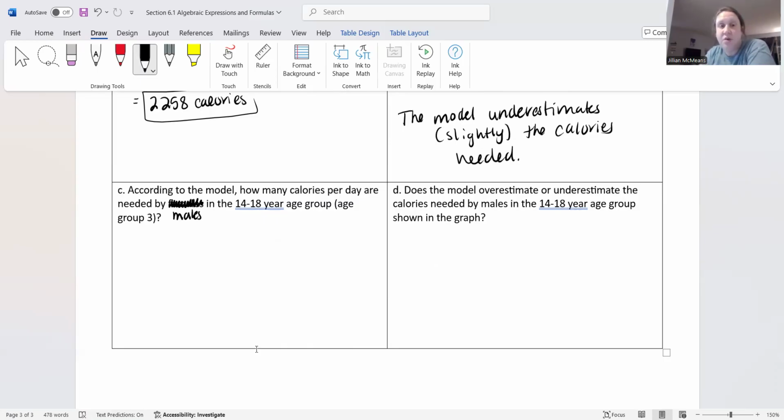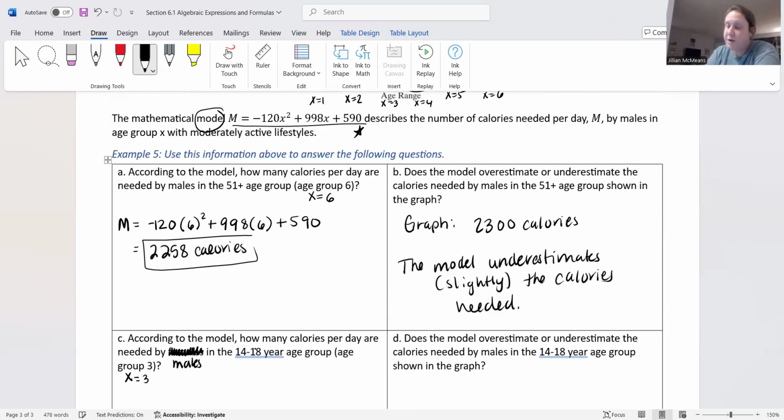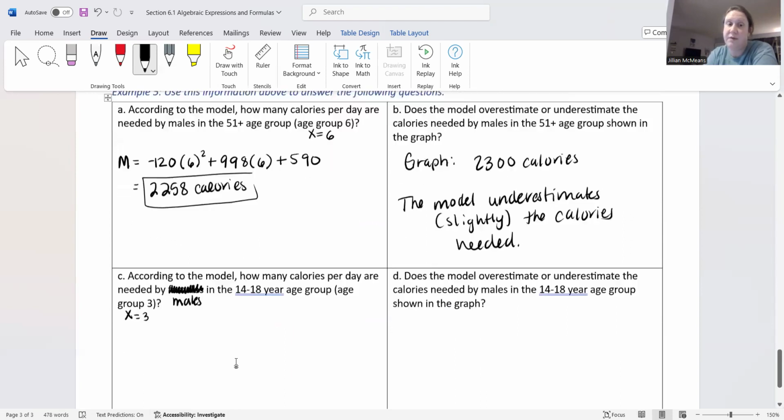So part C says, according to the model, how many calories per day are needed by males in the 14 to 18 age group? Now remember, this is age group 3, so that means x equals 3, okay? So please recall, this is our model right here. We have m equals negative 120x squared plus 998x plus 590.